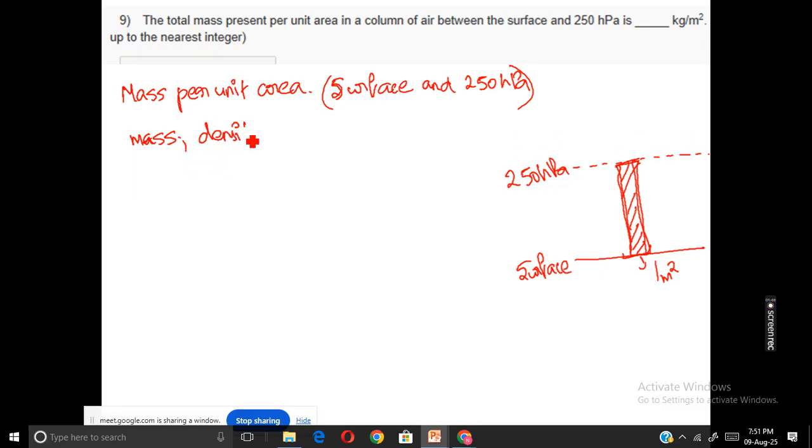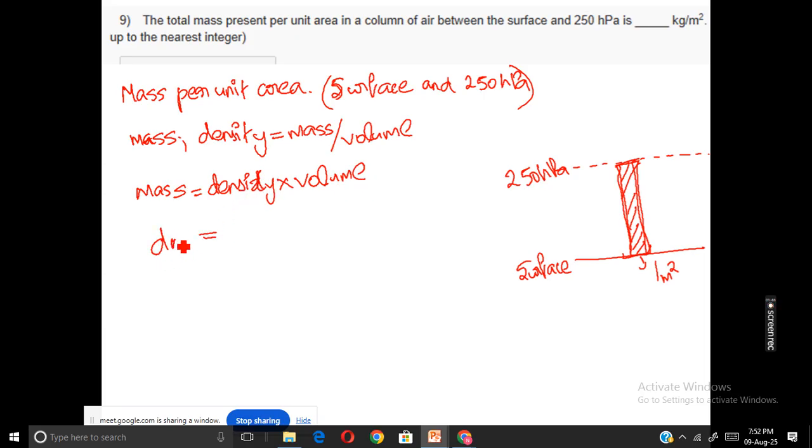So we will start from the basic definition that we know: density is equal to mass by volume, or mass is equal to density into volume, correct? So let the mass per unit area be dm, and the density will be rho.